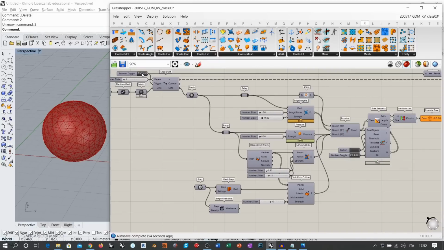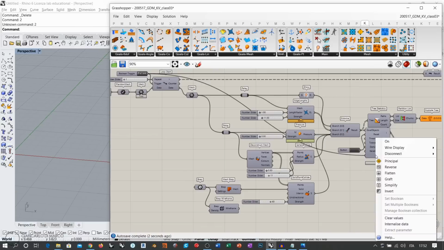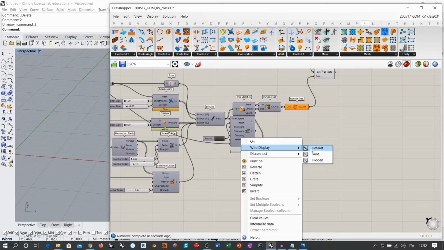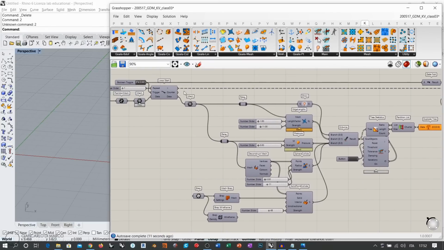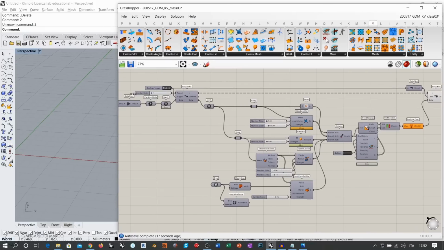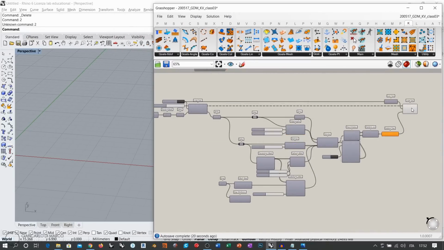So I would connect this directly to this on. So instead of using this one, I will use this, which is, by the way, false, and I will eventually wire display hidden this, so it's not disturbing the canvas. Okay, so let's reset this, and now the preview is connected to this toggle.